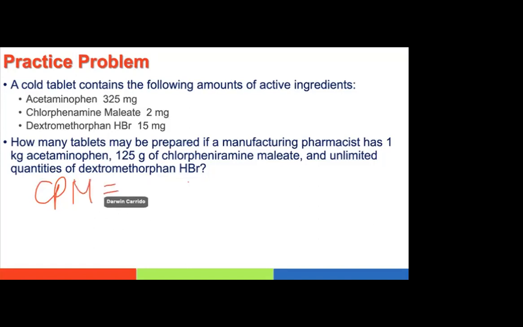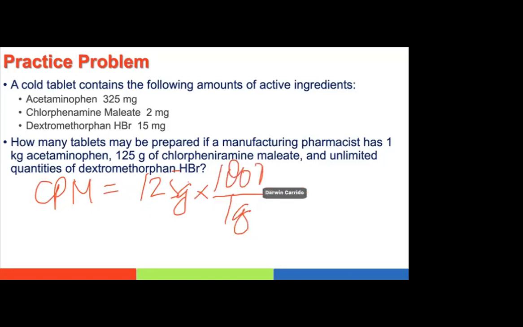For CPM, 125 grams, where do we multiply it? 1 gram is equal to how many milligrams? 1,000 milligrams. Where do we multiply this? 1 tablet of our cold tablet contains 2 milligrams of chlorphenamine maleate.